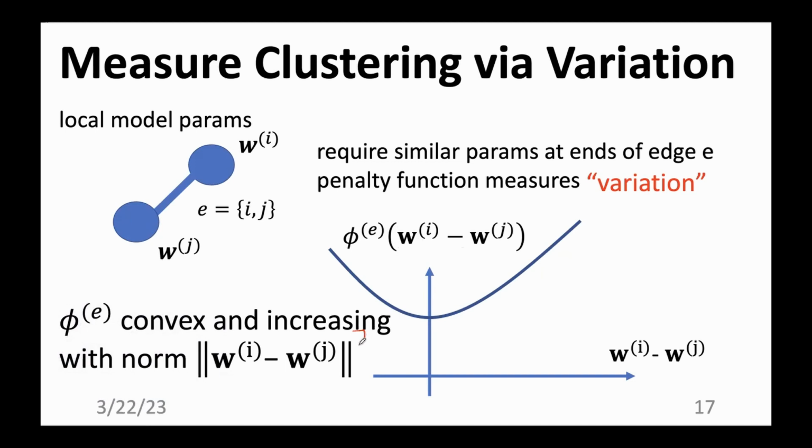So the principle that we develop now is flexible in the sense that it allows for different choices of this function. I call this a penalty function, which measures the difference, or variation, of the local model parameters across an edge.